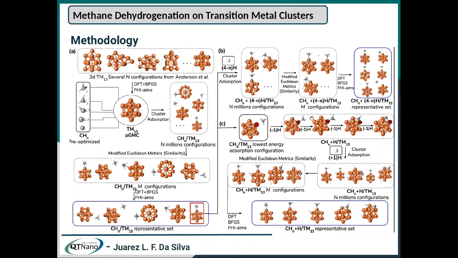And to address some kinetic properties, we also performed a step-by-step dehydrogenation, where from the PGMC of the first step we keep the molecule fixed and abstract one hydrogen atom, which also leads to the third representative set.